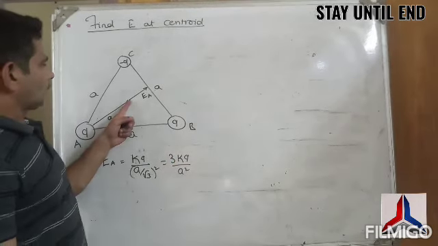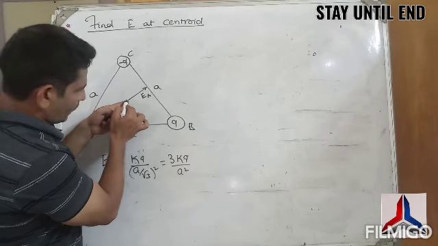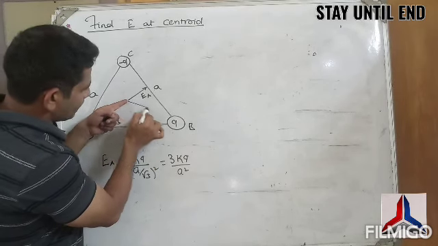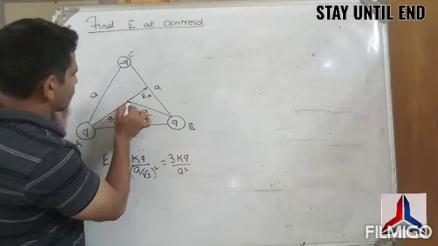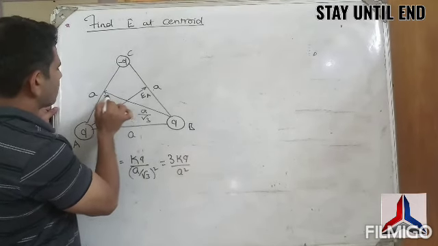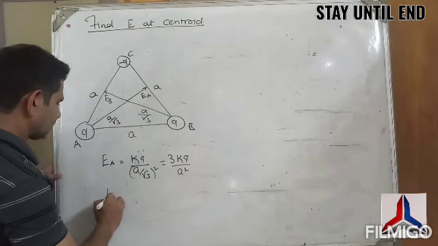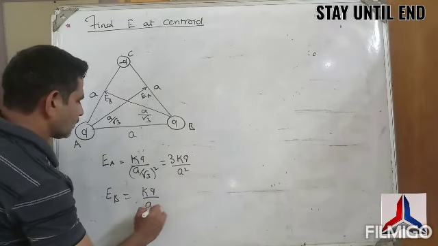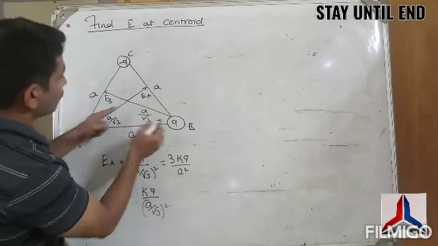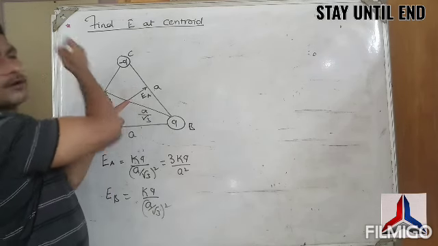Now, this is the centroid where you are finding the electric field intensity. The distance is a by root 3. So this is EB, and the EB value is KQ by (a by root 3) whole square. Why are you taking this direction? Away from positive.